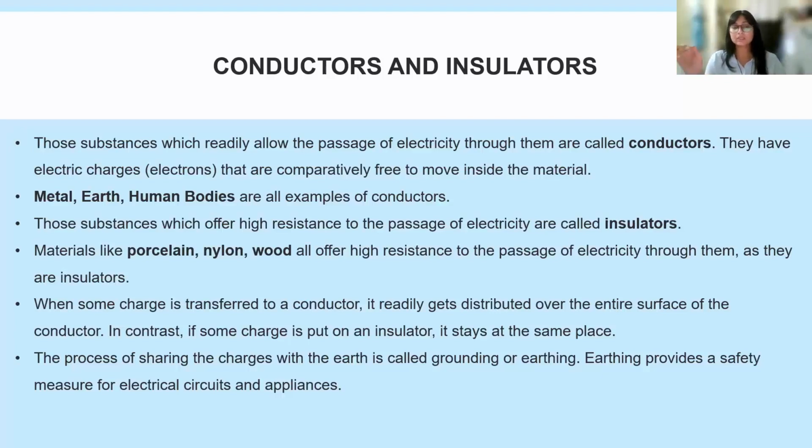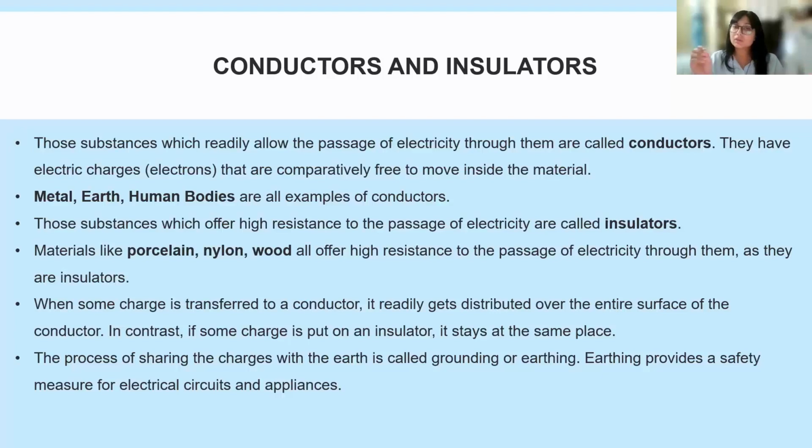Metals, earth, and human bodies are examples of conductors. Our bodies are very good conductors of electricity. We will come to how being a conductor is bad for us, and also how we can avoid it. The substances which offer high resistance to the passage of electricity are called insulators.